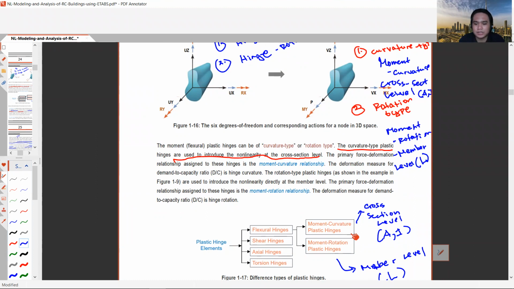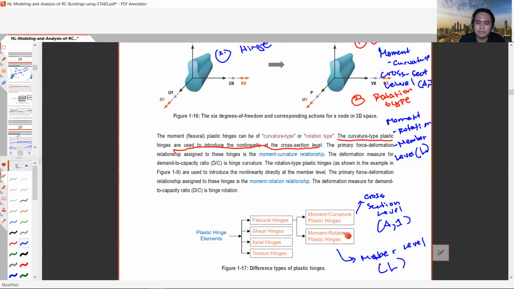Ibig sabihin, the nonlinearity part lang is at the area and the inertia for the cross-sectional level. And for the member level, which is stated as the moment rotation plastic hinges, ang nonlinearity na ini-introduce natin is at the length of the member, directly at the member length.